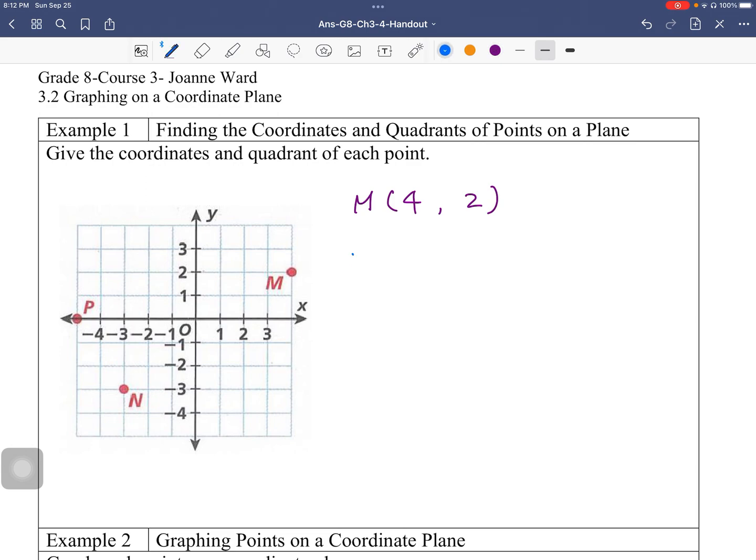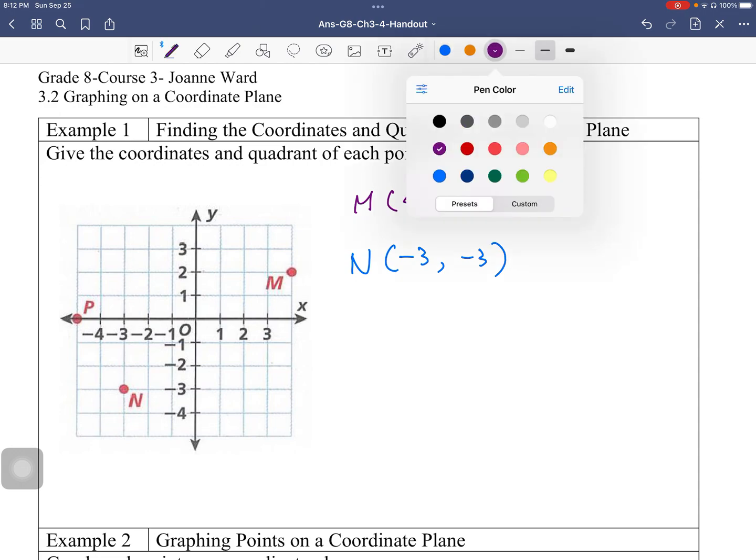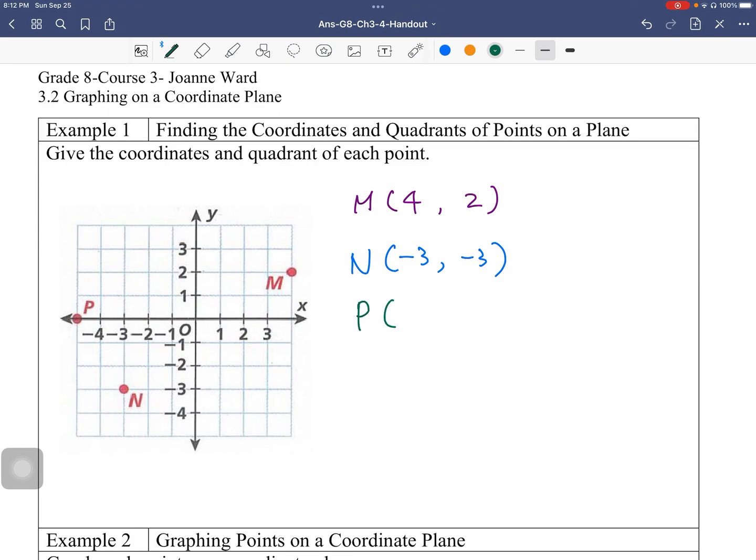And I have N, -1, -2, -3, and then -1, -2, -3. And then P, -5, 0.